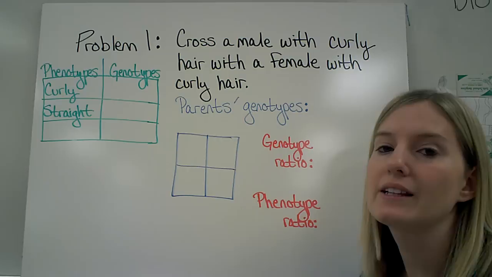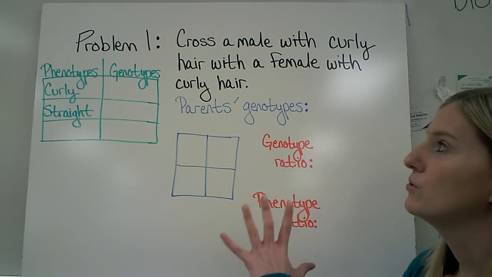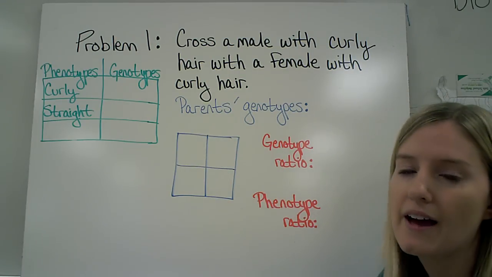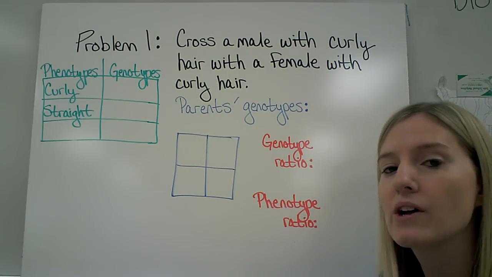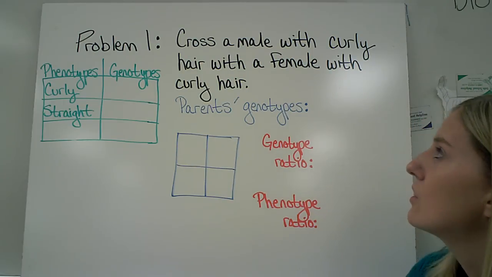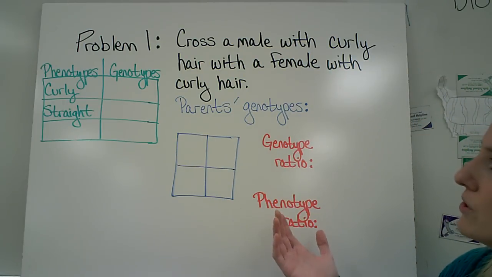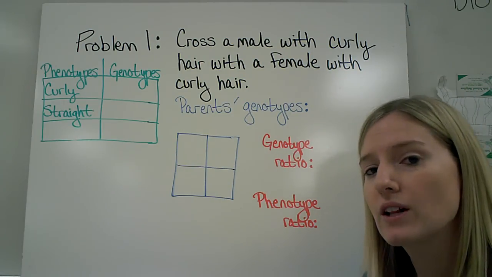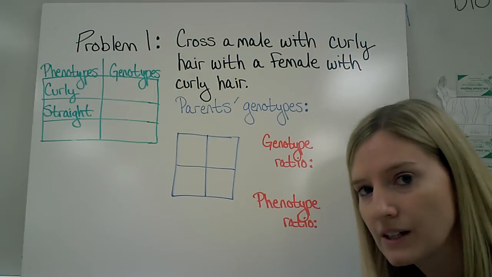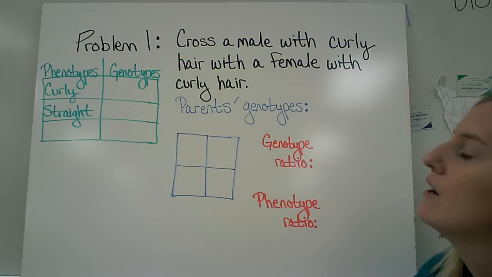Okay, so what I'd like you to do for these is to write all of this down and then do the problem on your own. When you come into class, we'll check them. For this one, we'll notice that I'm not using the 4 o'clock flowers anymore, so kind of giving you a little bit of a challenge.